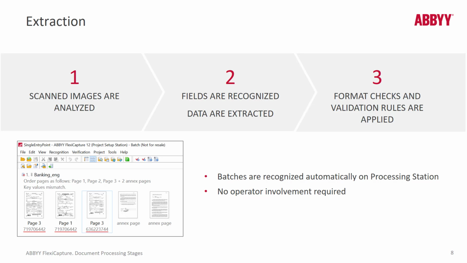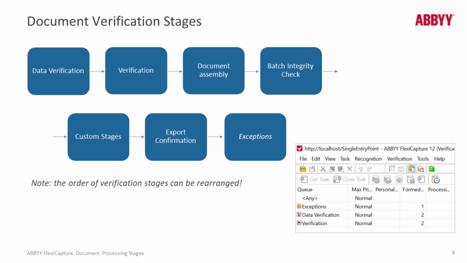So if I've got a database lookup or I've got a format check, that happens once we've extracted the data. And maybe my form is perfect, then that form will go directly to export. But maybe my form has some problems, some rule violations, then those fields are marked to go to a verification step.